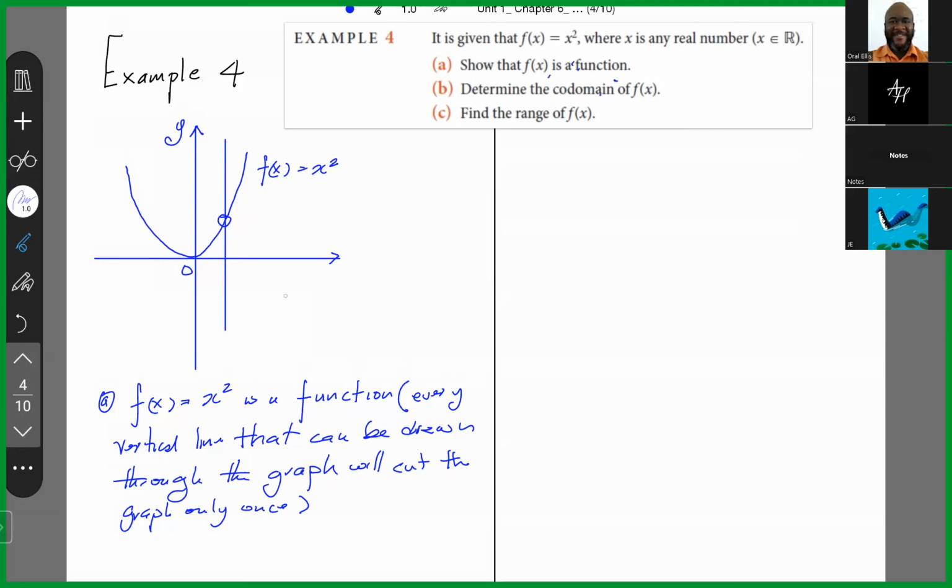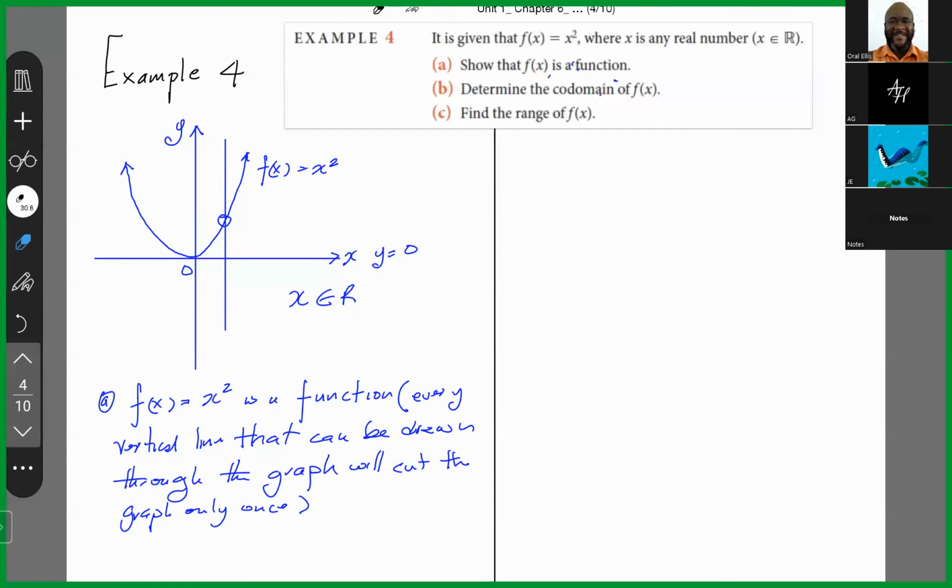We're told that x is an element of the set of real numbers. So the domain is the set of what? Real numbers. Now, let me give you a minute to think about it. What is the codomain of f of x? And C, what is the range of f of x? You can type your answer in the chat.